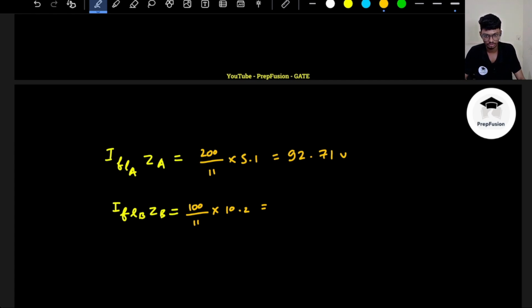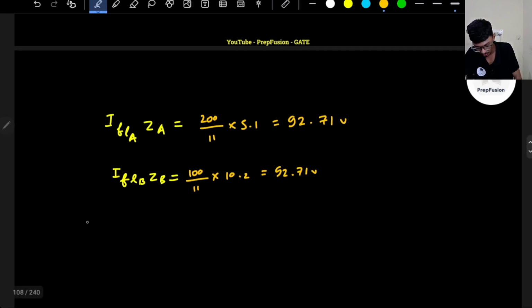If both the drops are the same, there does not need to be any worry. Both are actually sharing load proportionally, so both will be in the rated condition only. I will prove it to you as well. This value also will be 92.7, so both are equal.